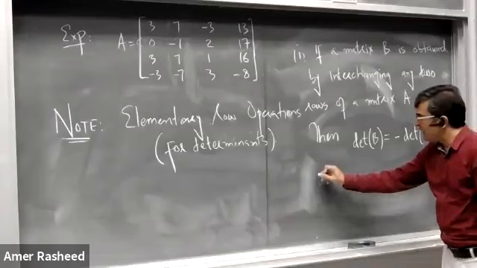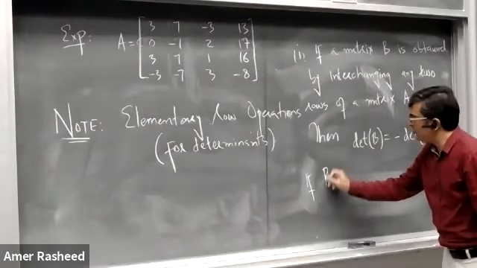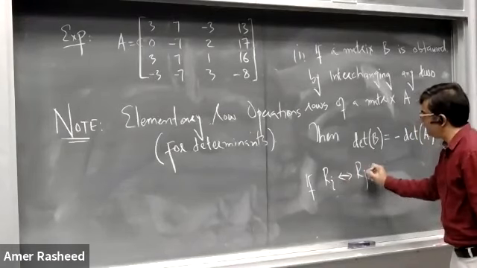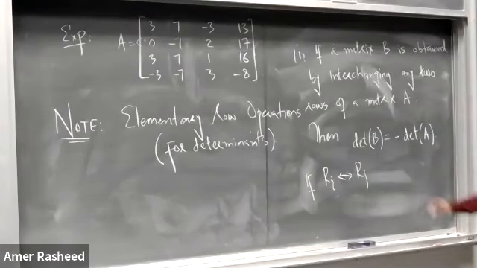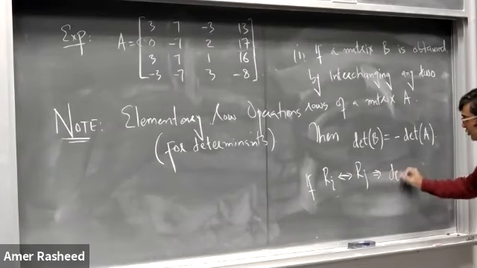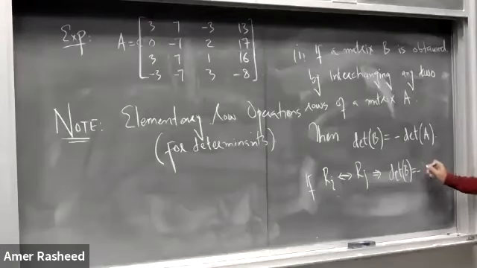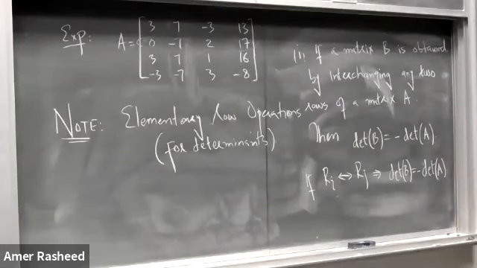What? If you interchange Ri with Rj, this implies that determinant of the new matrix is what? Negative times determinant of the old matrix.